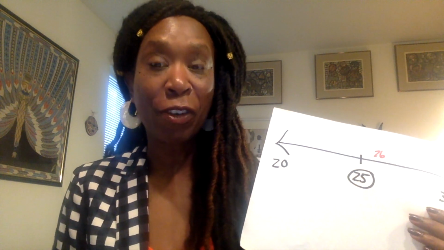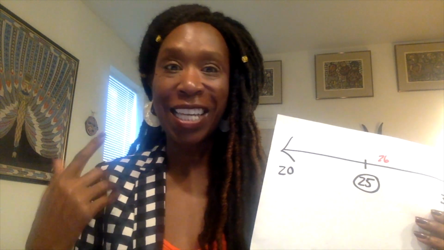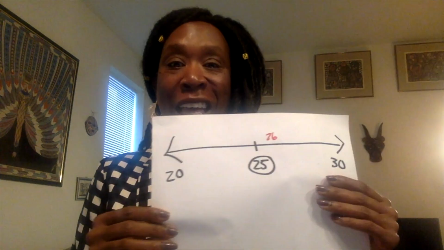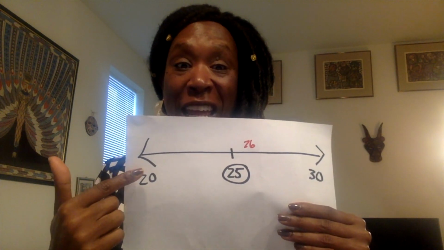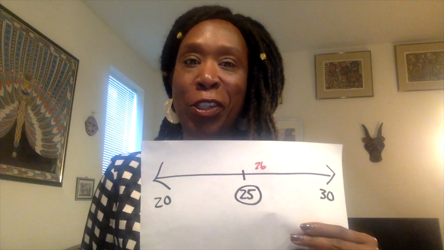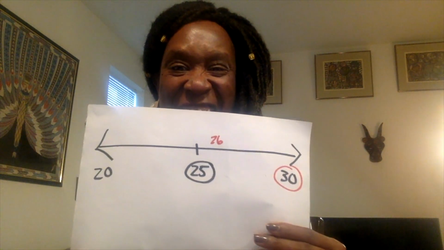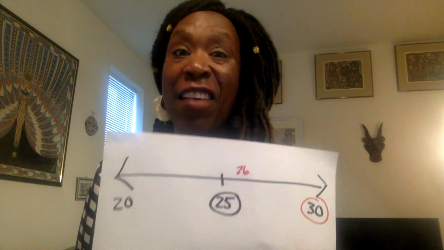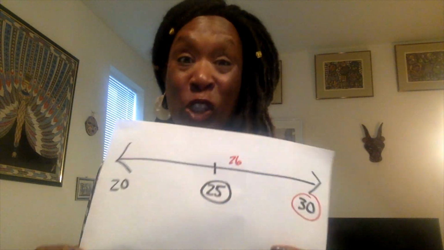Excellent job. The 26 comes right after the 25. But once again, I want to know, is 26 closer to 20 or closer to 30? What did you come up with? If you said 30, you got it right. If you were a little bit confused, we'll try another one.